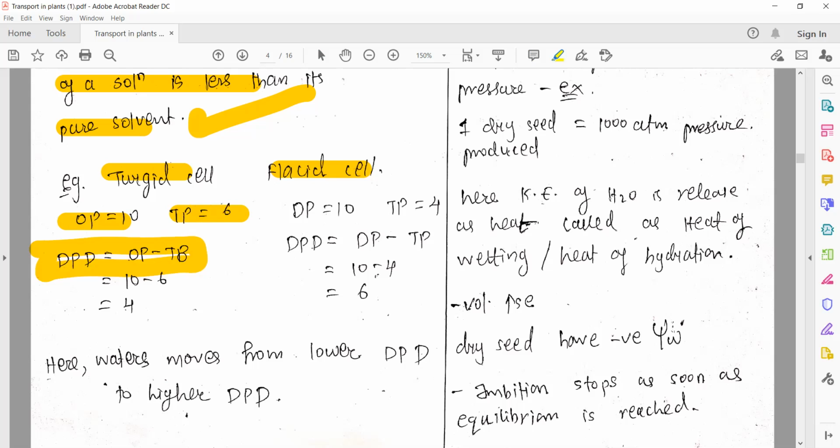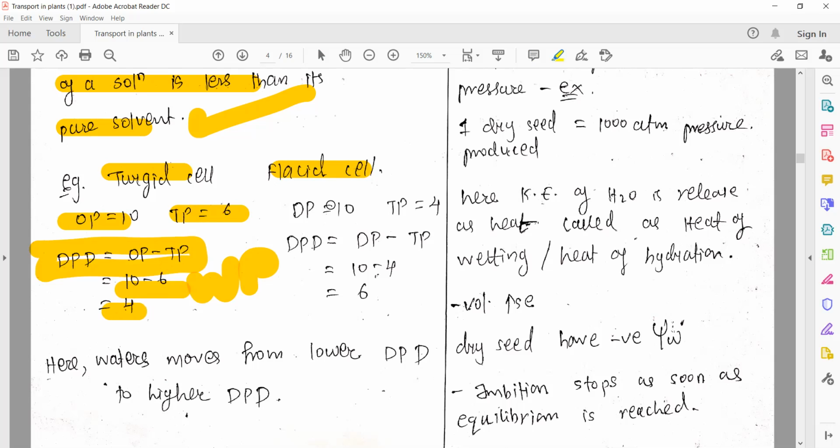If I write WP also, then also no problem, because you know that turgor pressure is always equal to the wall pressure. Whatever the amount of the wall pressure, that is equal to the turgor pressure. Now OP minus TP, so just substitute the values: 10 minus 6, you'll get the answer as 4. So this is the DPD for the turgid cell.